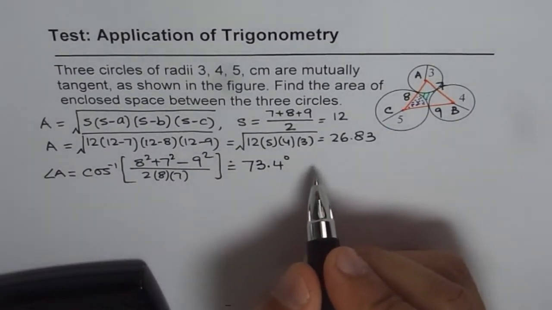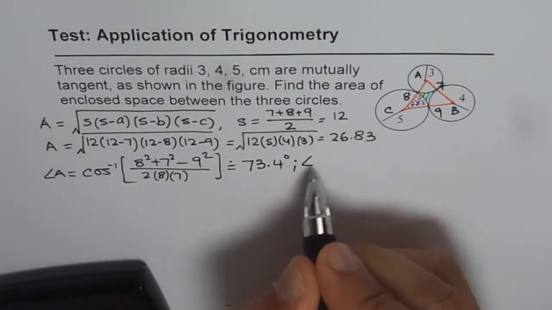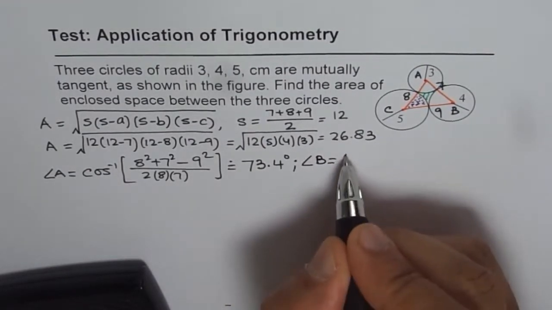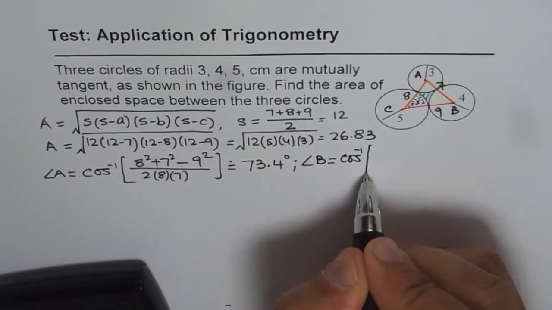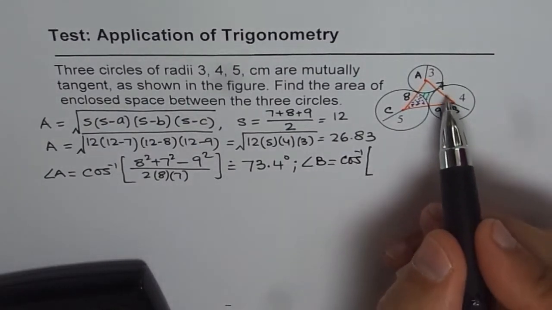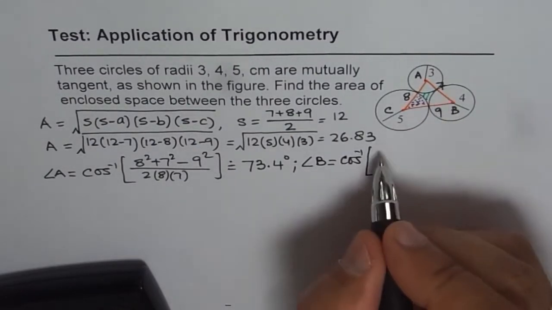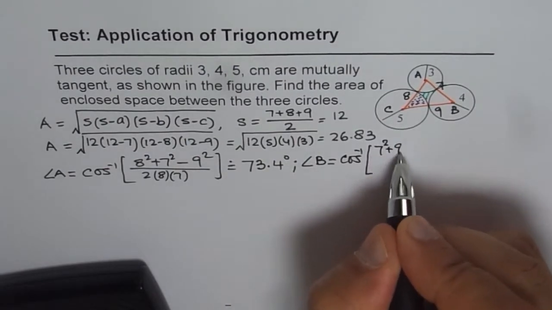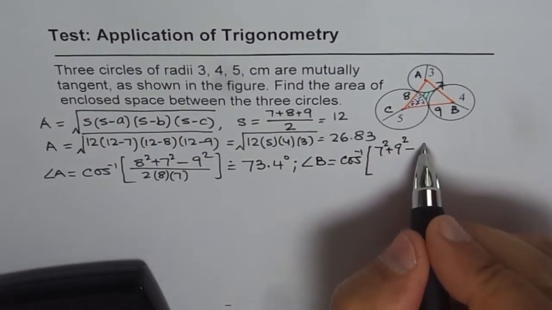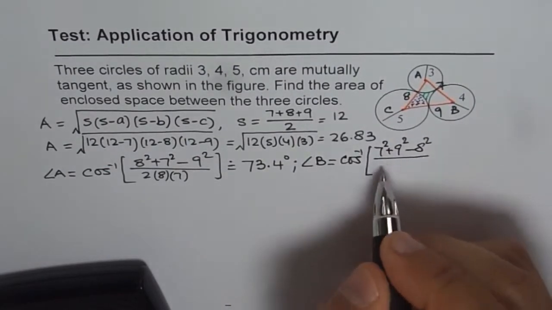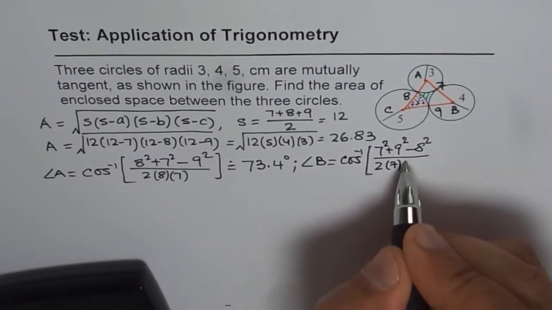Similarly, we can find angle B and C. So angle B will be equals to cos inverse of, so for angle B we are going to add squares of 7 and 9 this time. So we have 7 square plus 9 square minus 8 square divided by 2 times 7 times 9.